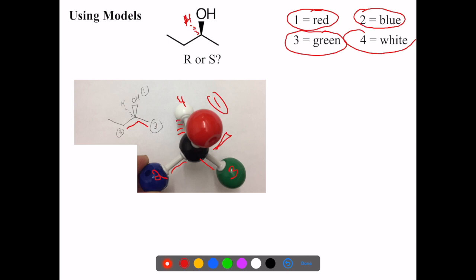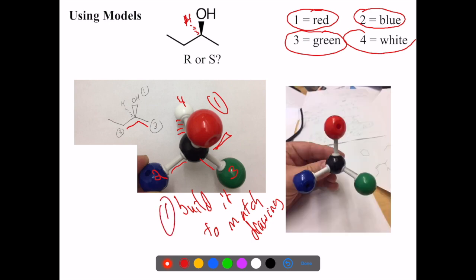So what good does this do me, having this model built? So step 1 is to build it to match the drawing. But then step 2 is to rotate it.